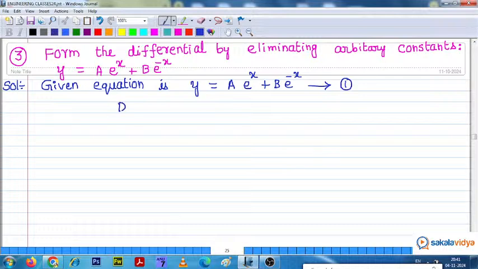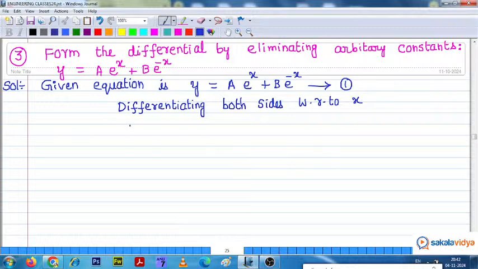So, differentiating both sides with respect to x. See, my dear students, what do you get now? The derivative of y is dy by dx.